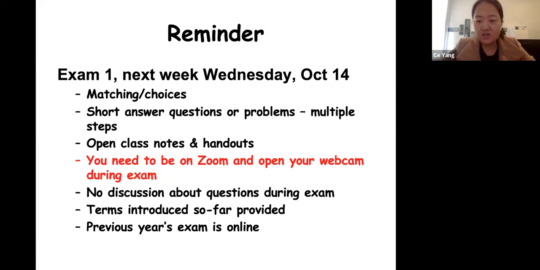One is the terms introduced so far, so you can prepare around those terms, or I would strongly suggest you go back to the course packet for the materials covered so far. The terms will be used during the exam for you to make easier choices and matching problem solving. And the previous year's exam will be published today.